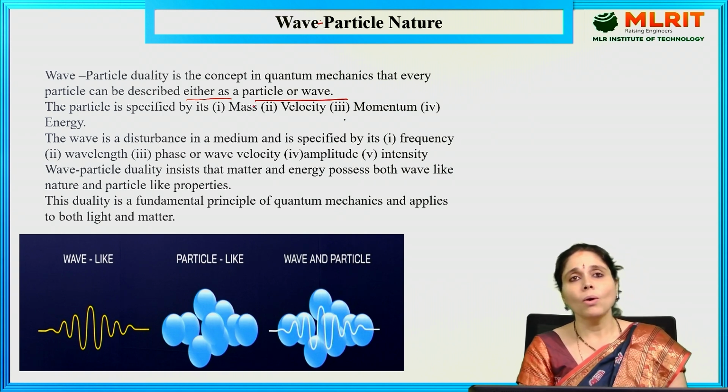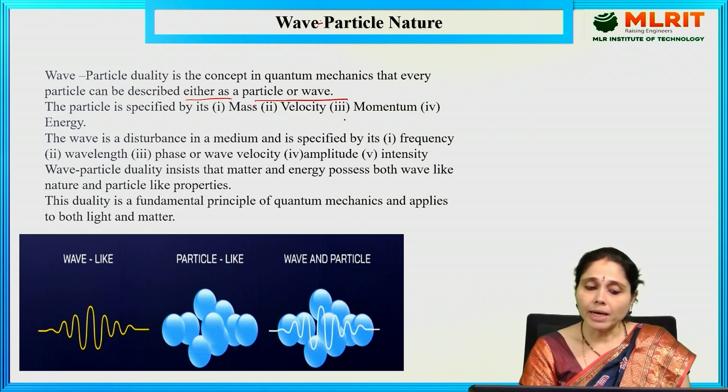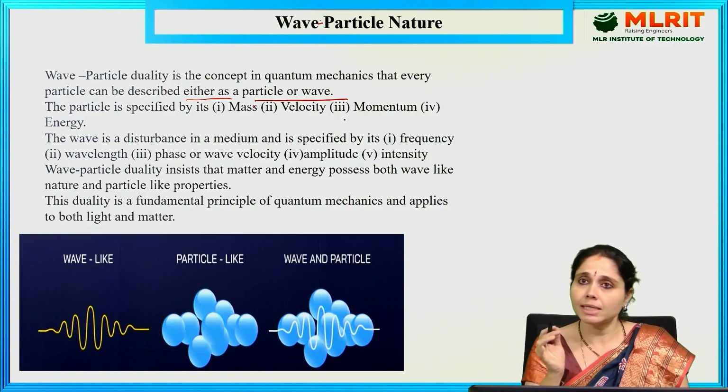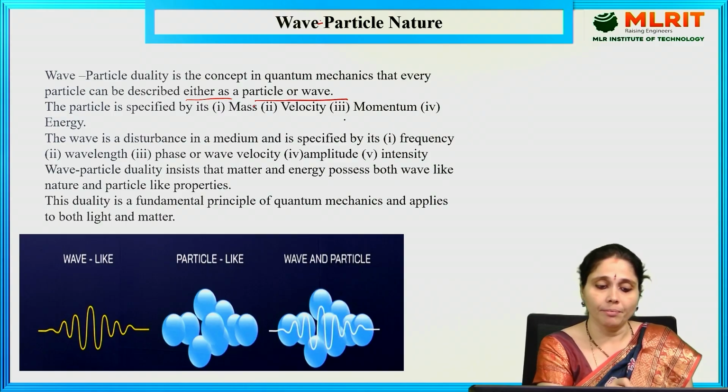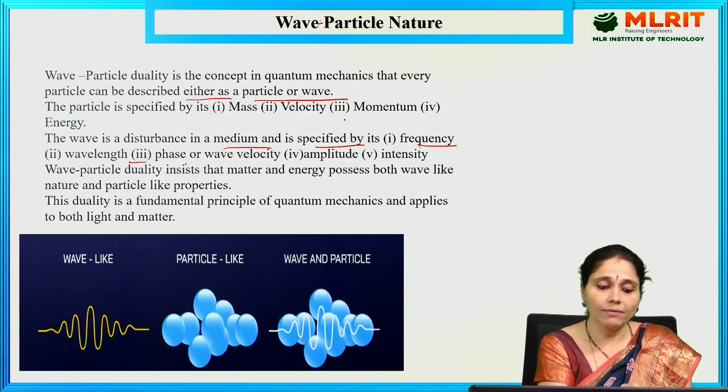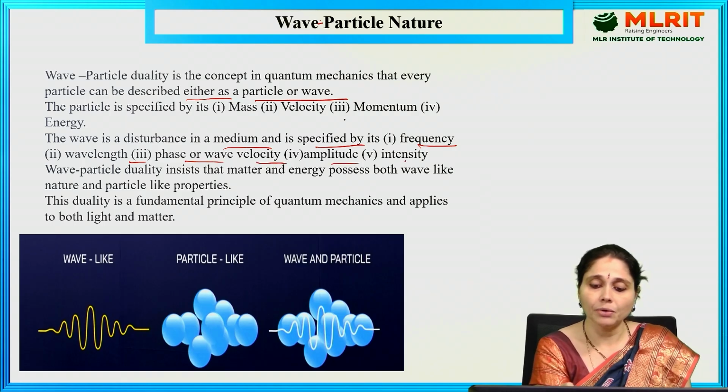Remember that. A particle has mass, velocity, momentum and energy. A wave is a disturbance created in a medium, and it is specified by its frequency, wavelength, phase or wave velocity, amplitude and intensity.